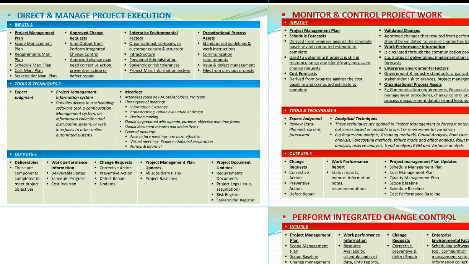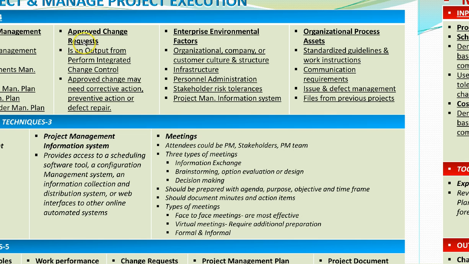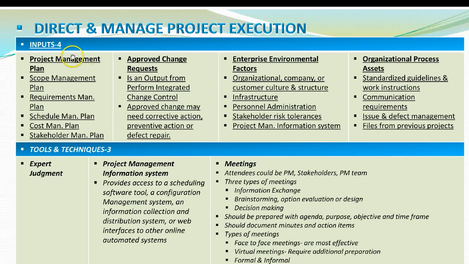And again, this is one of the 6 processes of project integration management. So we are going to take the output from here and put it as an input in direct and manage project execution. So basically, what is this?